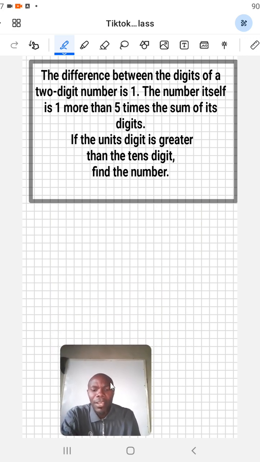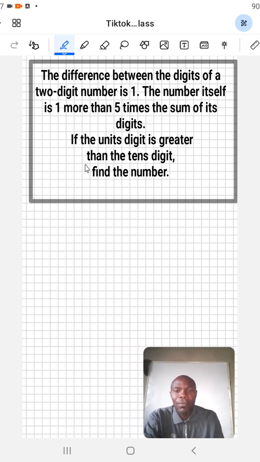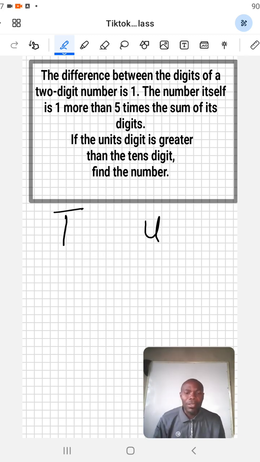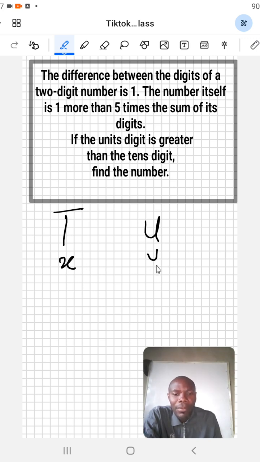So in solving a question of this form, let's start. It says the difference between the digits, but you have to go back to the last statement, which says if the unit digit is greater than the tens digit. What do you understand by this? This is what we call tens and units. For example, let x represent the tens digit and let y represent the unit digit.